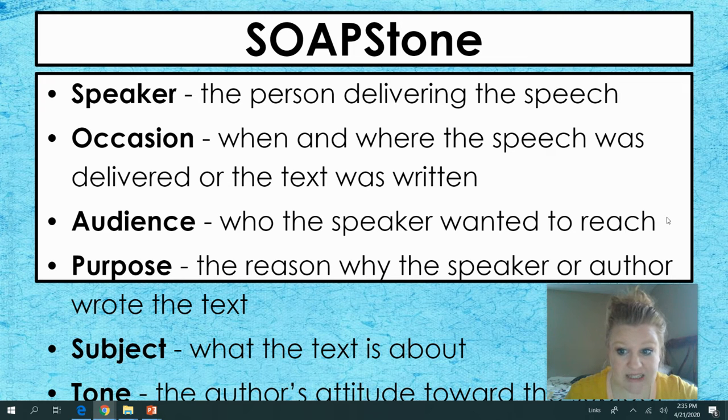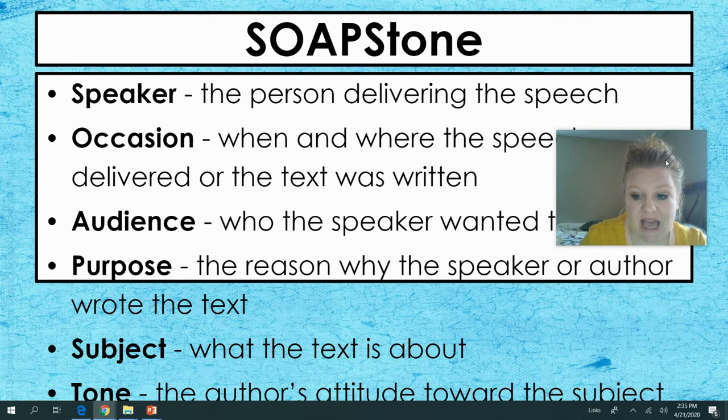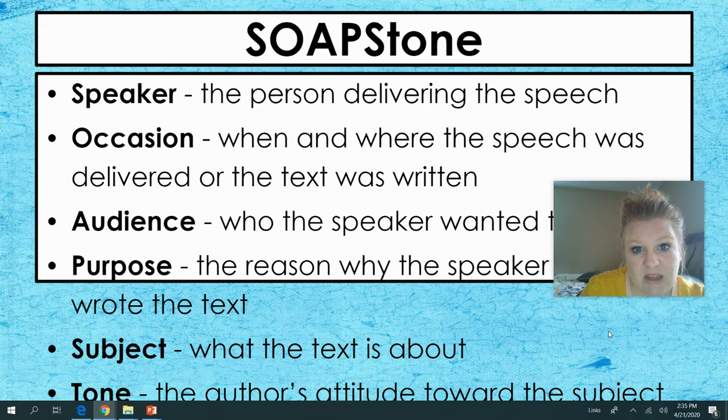Who is the speaker wanting to reach? Who's he talking to? Purpose. Why did the speaker speak this? So the reason why the speaker author wrote the text. The subject. What is the text about? And then tone. What is the author's attitude toward the subject?